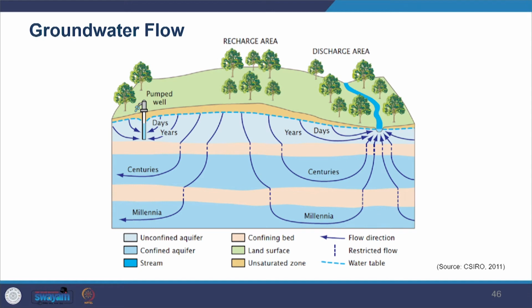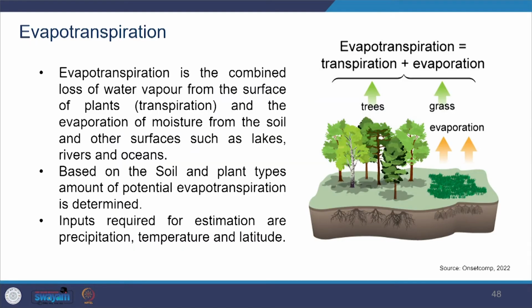Looking at another factor, evapotranspiration. Evapotranspiration is the combined loss of water vapor from the surface of plants through transpiration and the evaporation of moisture from the soil and other surfaces such as lakes, rivers and oceans.